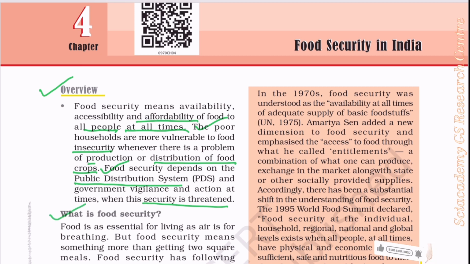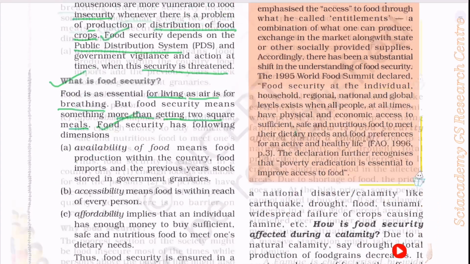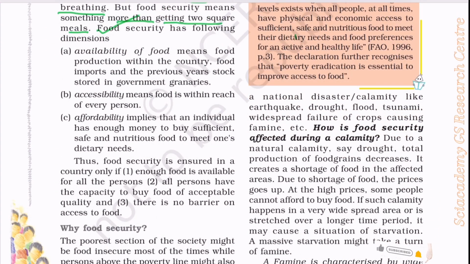Food is as essential for living as air is for breathing. But food security means something more than getting two square meals. Food security has the following dimensions. A. Availability of food means food production within the country, food imports, and the previous year's stock stored in government granaries.